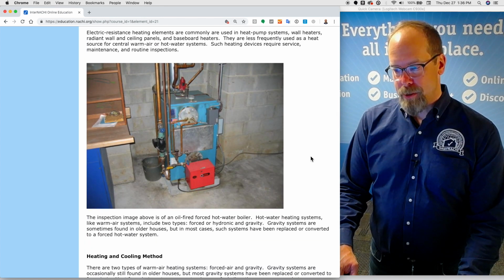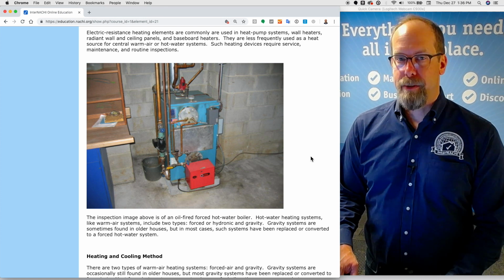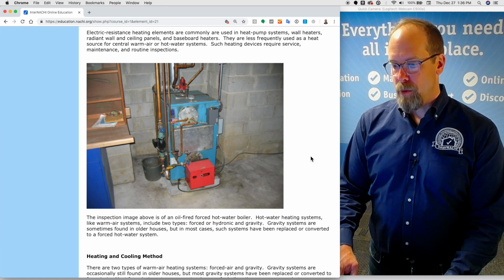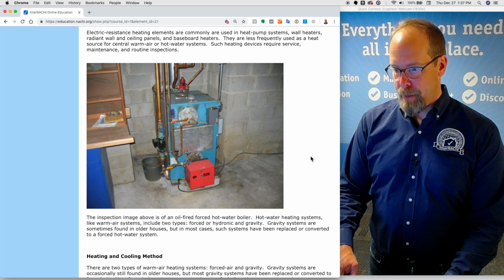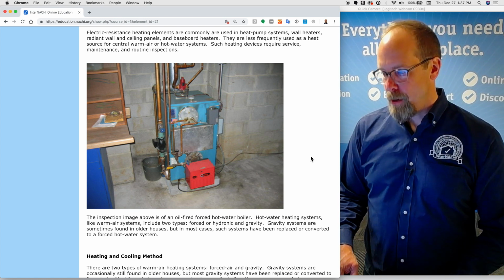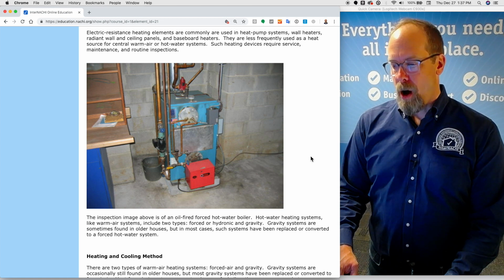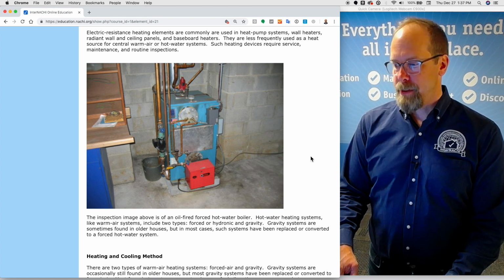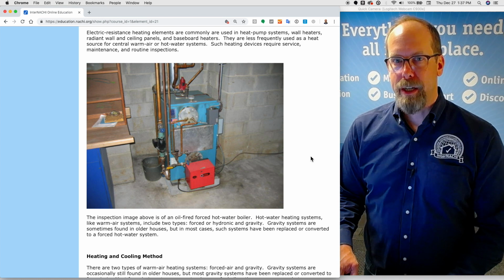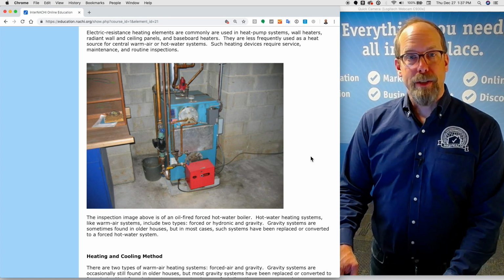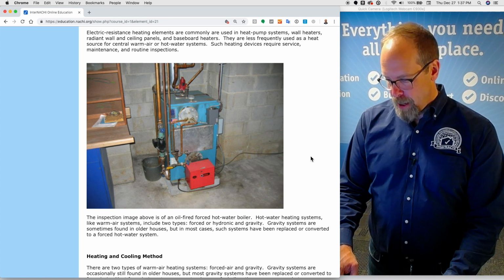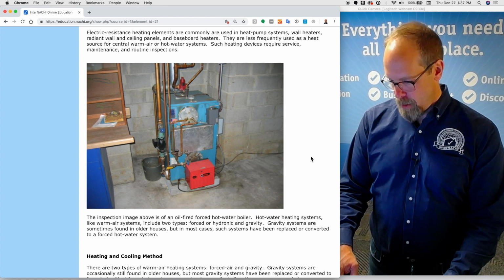Electric resistance heating elements are commonly used in heat pump systems, wall heaters, radiant wall and radiant ceiling panels, and baseboard heaters. They are less frequently used as a heat source for central warm air or hot water systems. Such heating devices require service, maintenance, and routine inspections. Here's another inspection image of an oil-fired forced hot water boiler.